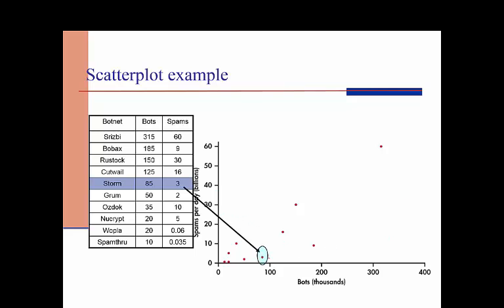And each point is a particular data point. Okay, so you have bots on the x-axis, spams per day on the y-axis. Each point corresponds to a data point. And looking at that relationship, there seems to be some kind of a trend in the data set, right? You can try to fit a line through it. That's what we're going to try to do throughout this chapter.